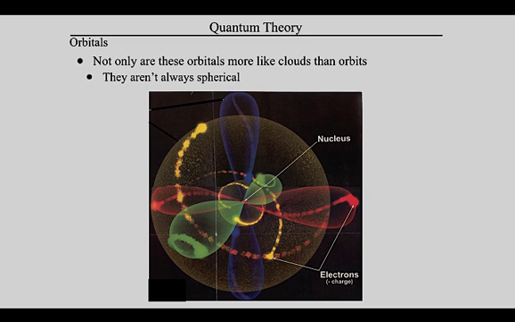Guys, this is actually what a neon atom looks like. There are 2 electrons that appear to occupy a small sphere around the nucleus. There are 2 more electrons that appear to occupy a larger sphere around the nucleus. And then there are 6 electrons, 2 each, that occupy figure-8 shaped structures, one oriented up and down, one oriented left and right, and one oriented in and out of the plane.